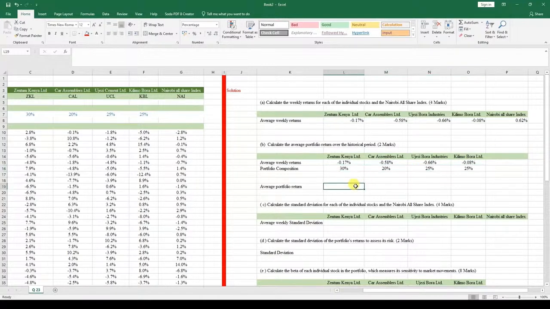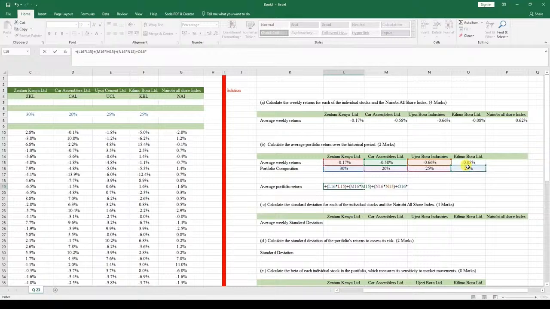How do we get the average portfolio return? Pick plus, we open the brackets, that value times the average weekly return plus that value times that value, close the bracket, the portfolio composition multiplied by the average weekly return, close the bracket, and then we add finally the portfolio composition for Kilimo Bora, and we multiply that with the average weekly returns, like that.